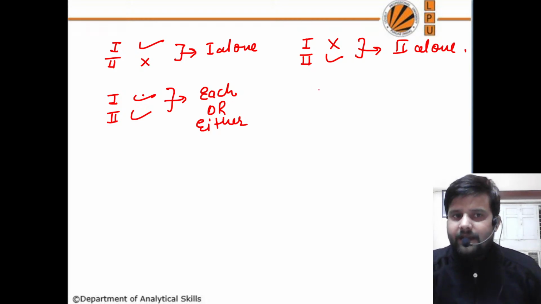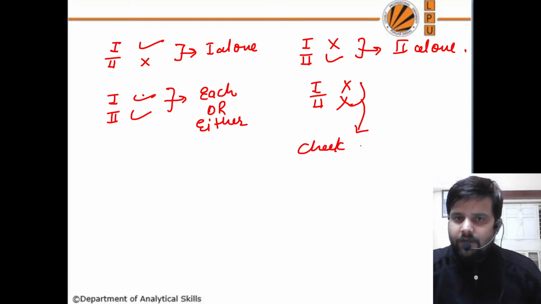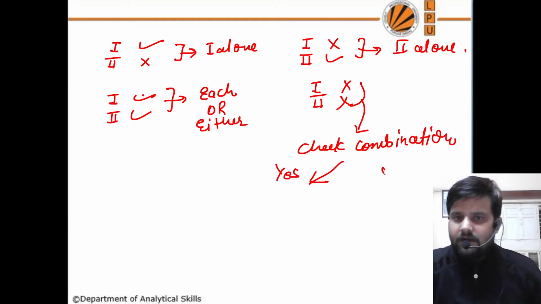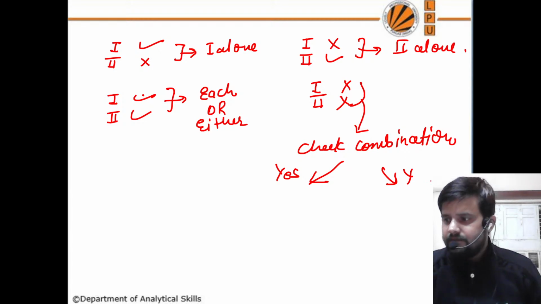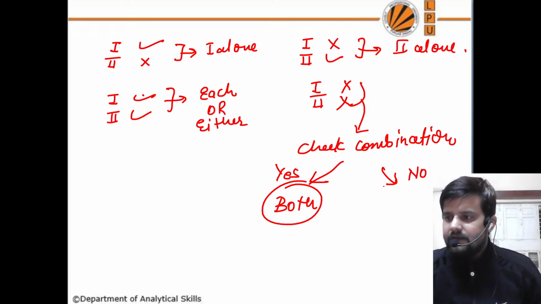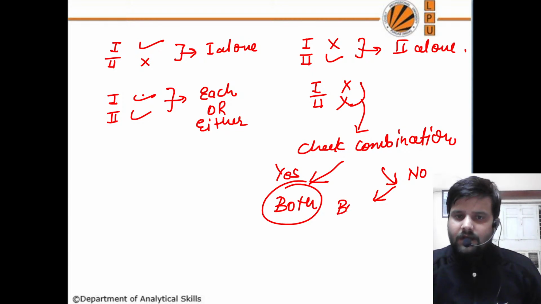And the fourth case can be first and second individually can't answer it. So when they individually can't answer it, you will check the combination, combine both the statements. So two possibilities: they can answer, or the combination can't answer. If they answer, your answer would be both are required to answer the question. If they can't answer, both are not sufficient to answer.